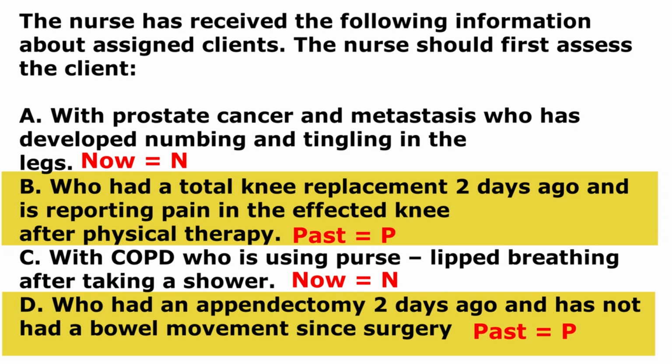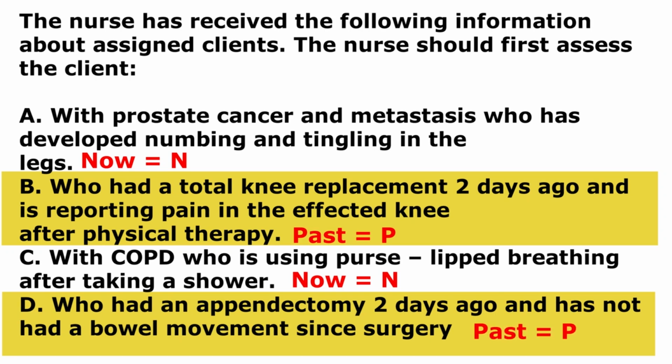COPD is chronic, right? Who is using pursed lip breathing after taking a shower. So of the two, the numbing and tingling is happening now because of the ing. Now, right? COPD is a chronic condition that people live with.